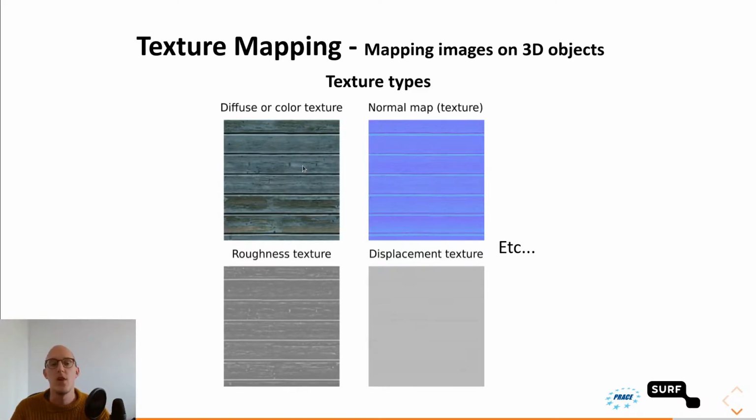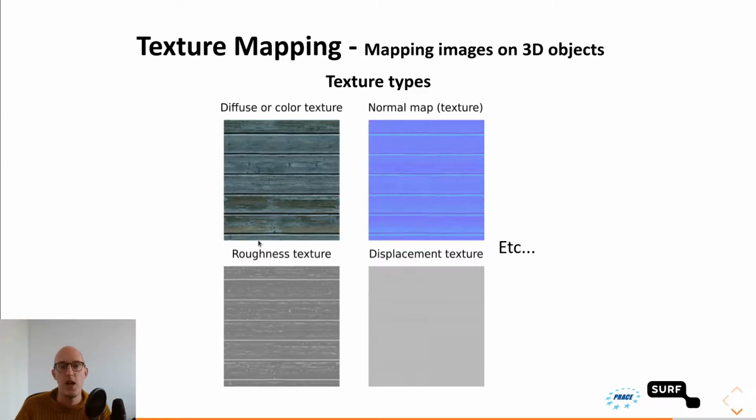So for example, in this roughly painted wooden surface texture set, the lines in between the wooden planks are a little bit more rough than outside of it, as you can see in the image as well. And where the paint is still a little bit shiny, the roughness is a little bit lower.